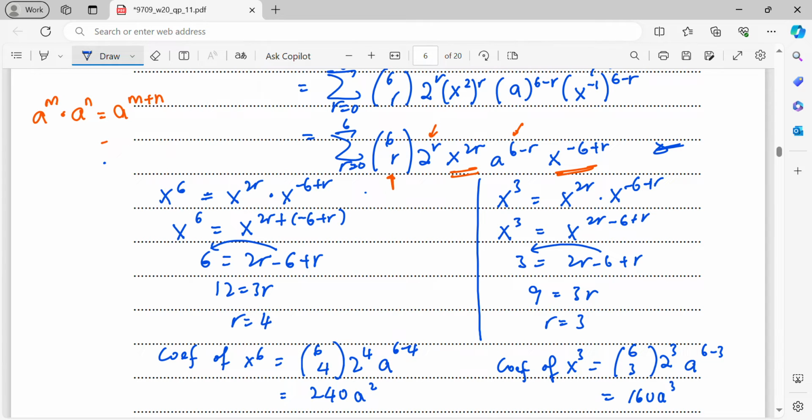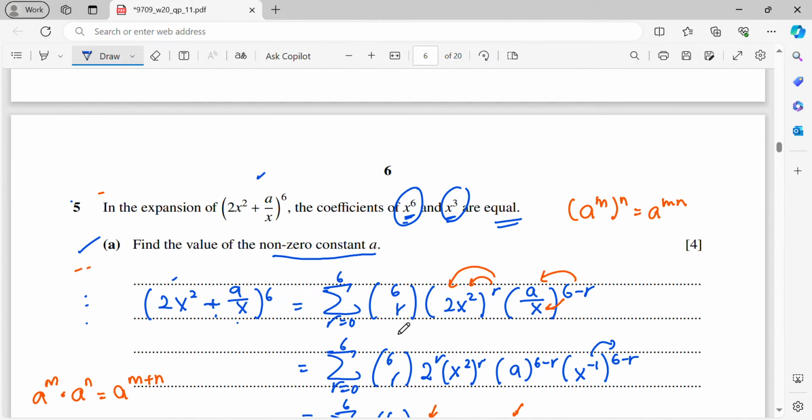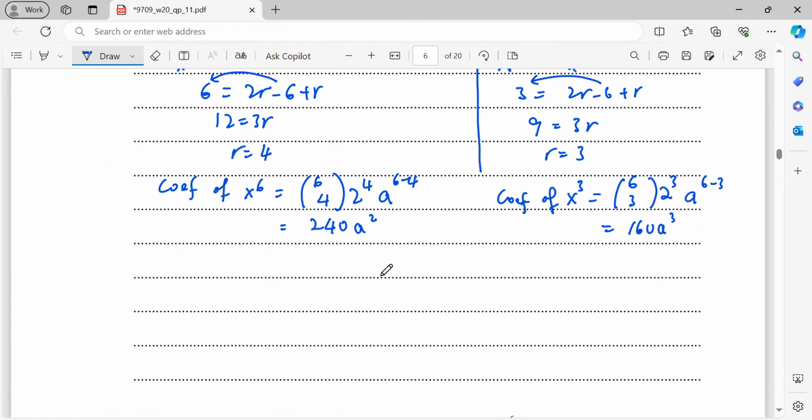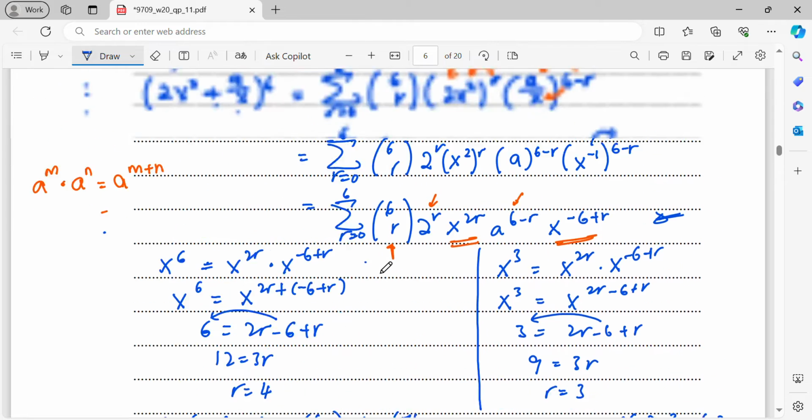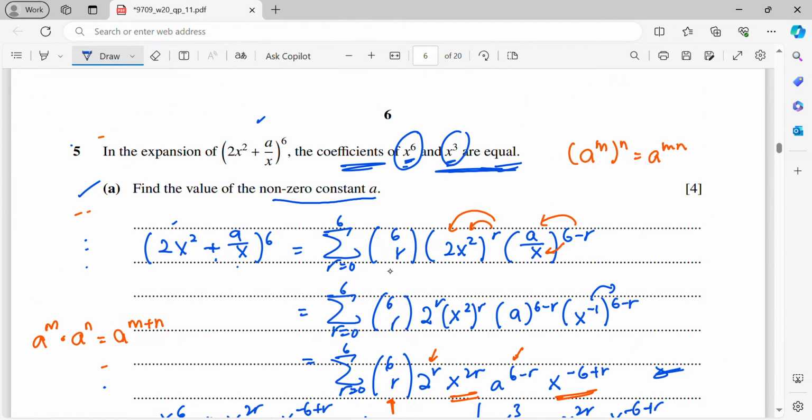a cubed. Alright, and now the question mentions that the coefficients are equal. So now I just need to equate these two coefficients to find out my a value. When you look at the question over here, it is a non-zero constant a, and it mentions just one value, only one answer from this working.